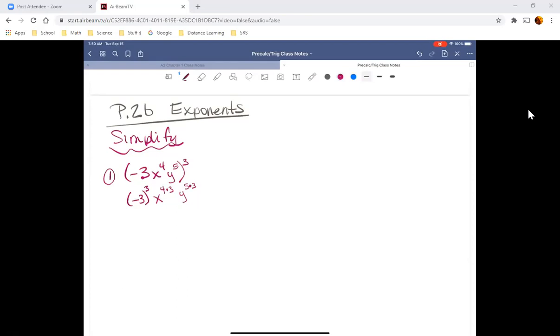So what's -3 to the 3rd power? -3 times -3 is 9. 9 times -3 is -27. Then I'm going to get what? X to the 12th. Yep. Y to the 15th. Right? And we can't simplify it any farther, so that's as far as we can go.